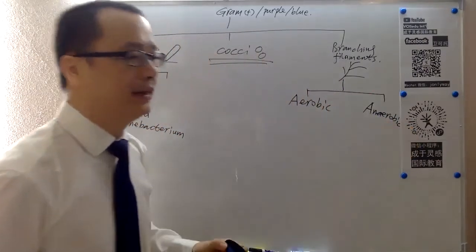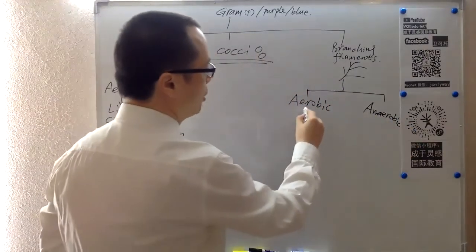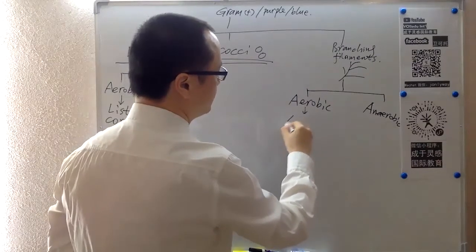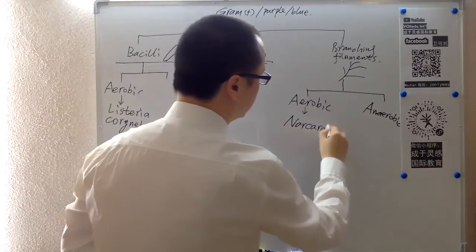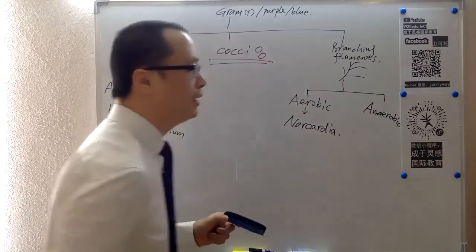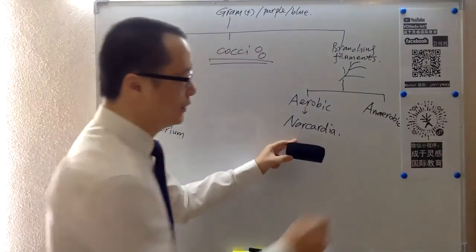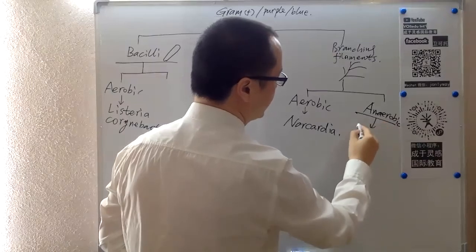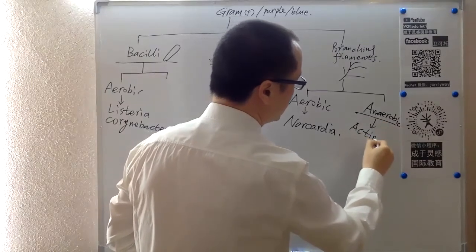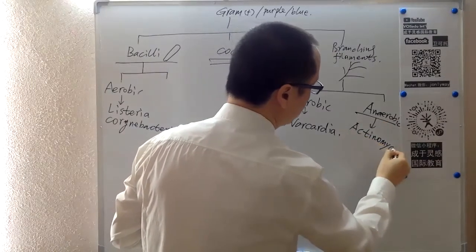As to the aerobic, there is the bacterium called Nocardia. And as to the anaerobic bacteria, there is Actinomyces.